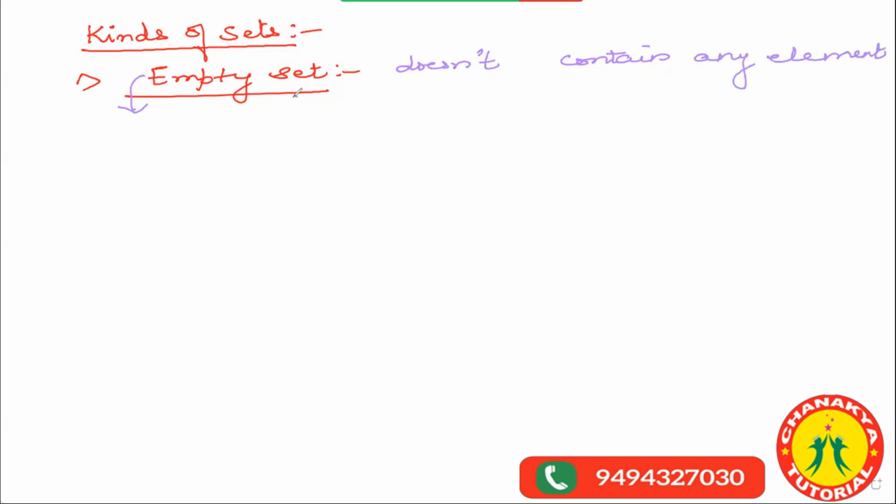Another name for empty set is null set or void set. These are the other two names for empty set.